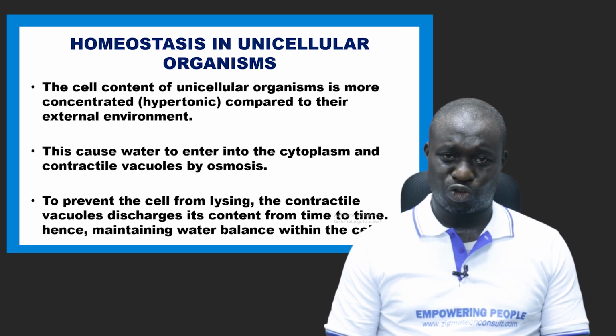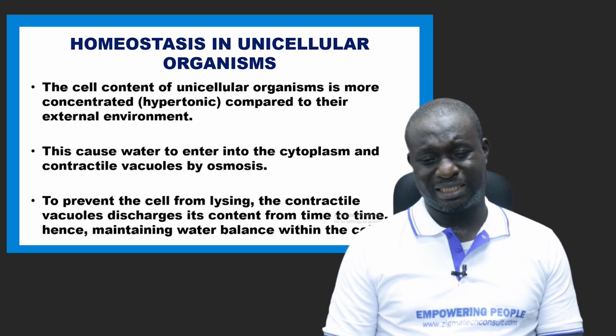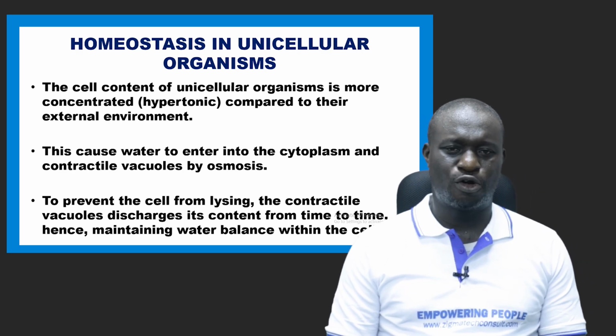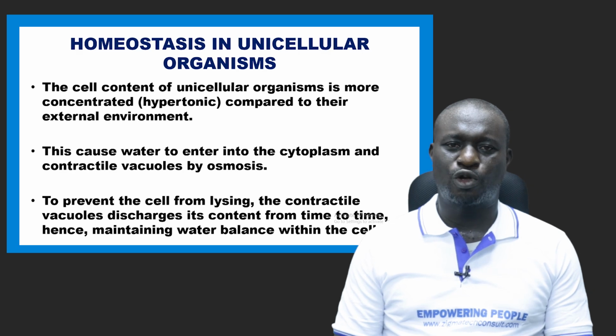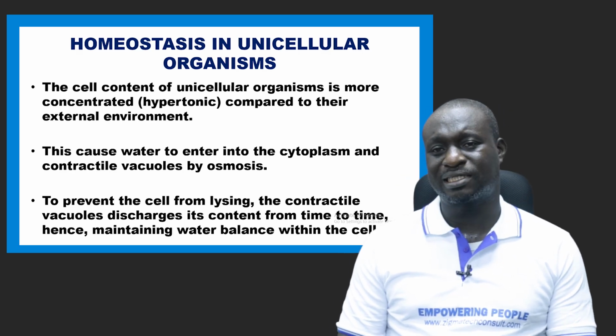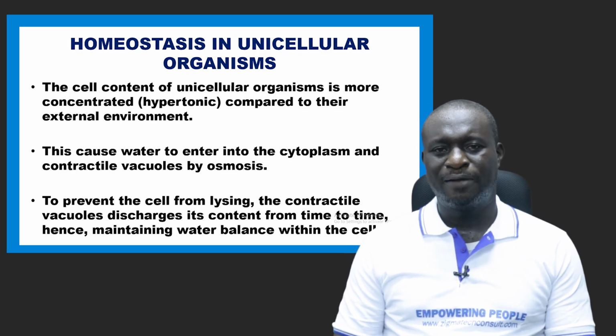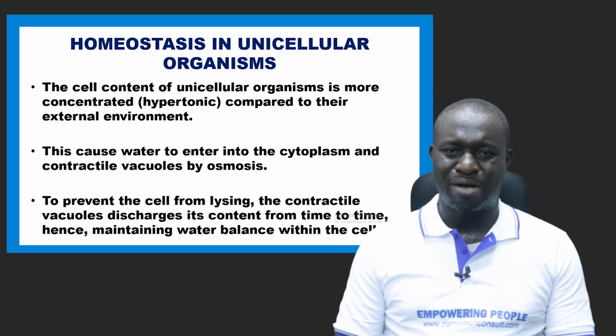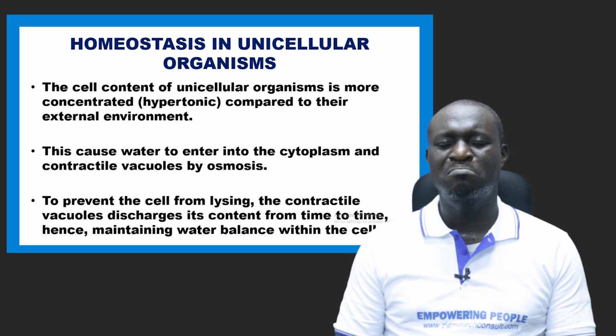Now, what is actually osmoregulation? Osmoregulation is the maintenance of salt and water balance in an organism. Maintenance of salt and water balance. Now, in this case of the amoeba, what we're looking at is the maintenance of water balance.